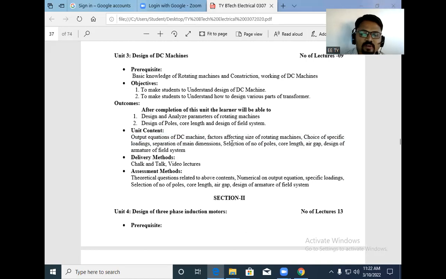Next point, factors affecting the size of rotating machines. Next, the choice of specific loading.